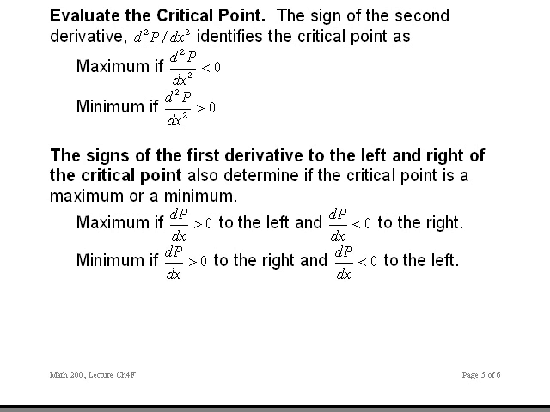If you are going down towards a minimum, then the first derivative will be negative, gets to the minimum, first derivative is 0, and starts coming back up, first derivative is positive. So if you look from left to right, towards increasing x, and look at the behavior of the first derivative, you can also identify whether you're at a minimum or a maximum.